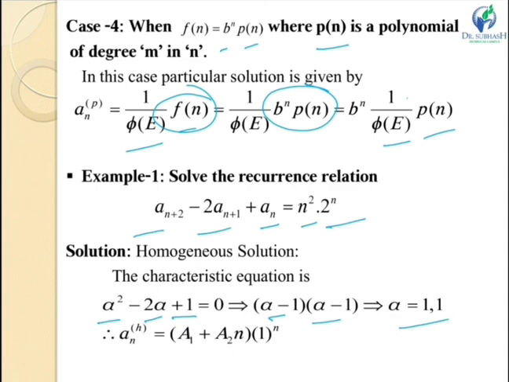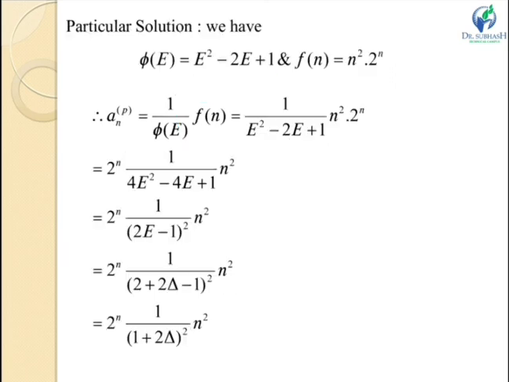Now these are the real and repeated roots. So homogeneous solution is given by a1 plus a2n into 1 raised to n. Now for particular solution, we have phi e equal to e square minus 2e plus 1, and f of n is n square into 2 raised to n. That is polynomial case 3 into case 2.